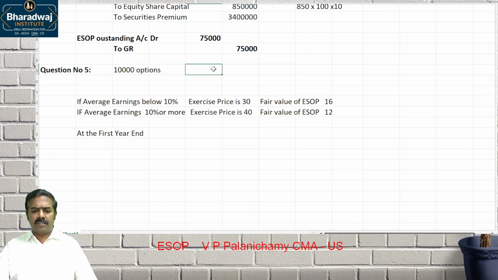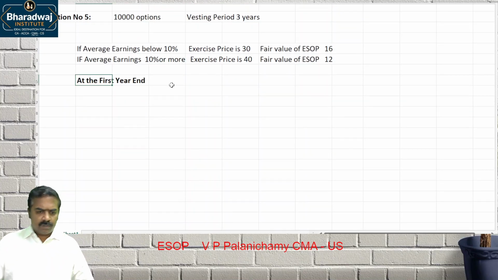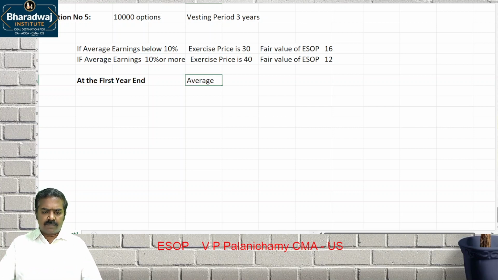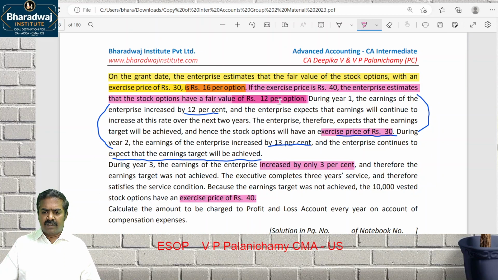At the first year end, what is the vesting period? 3 years. The vesting period did not change in this question, right? At the first year end, what is the earnings of the company? Earnings increased by 12%.